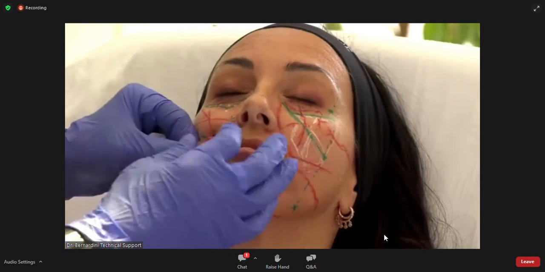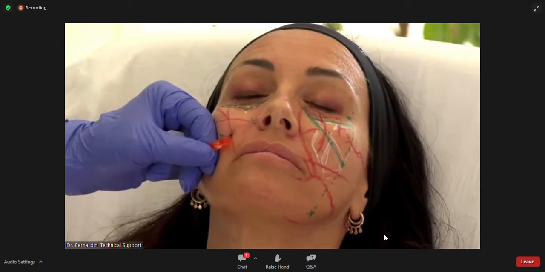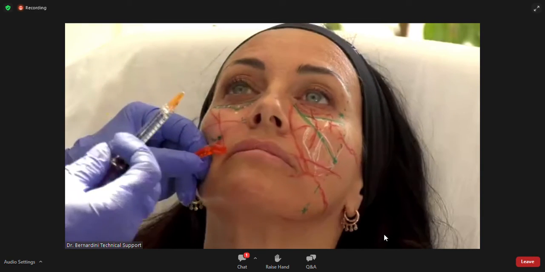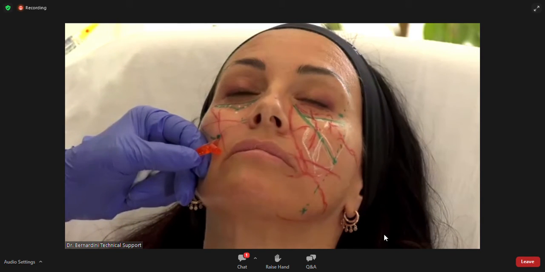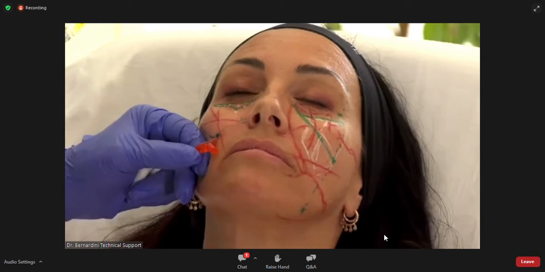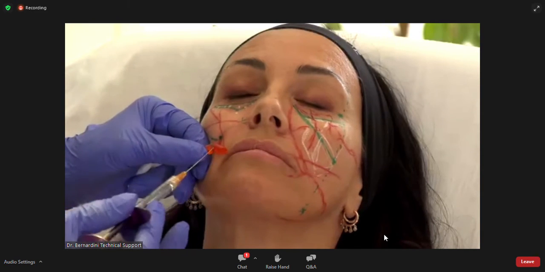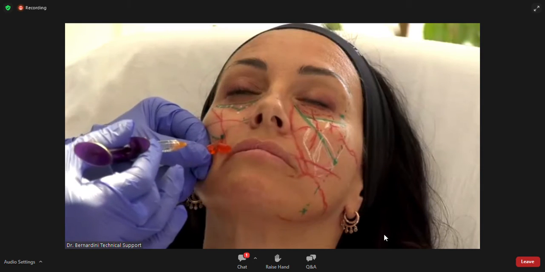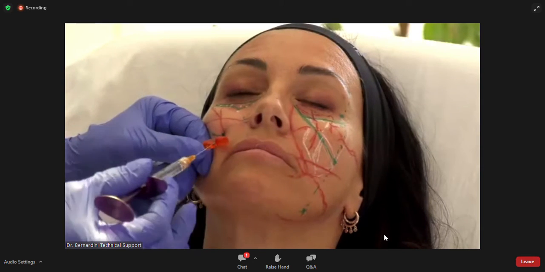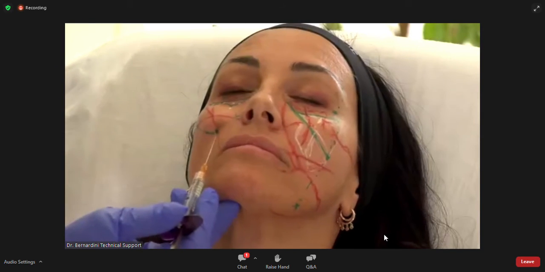Sometimes, when you make a hole with your needle, the hole is difficult to penetrate with the cannula because there's not enough space. This is easier because you point the cannula inside the channel of the introducer and then you're already inside.